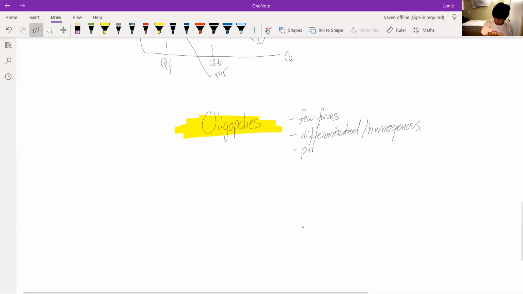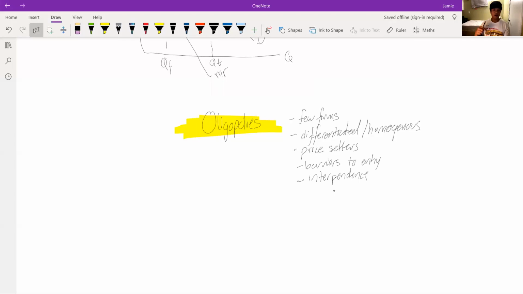They are price setters as well. Barriers to entry are very similar to a monopoly, but the main distinction between this and a monopoly is the sense of interdependence. What they do has an impact on the other firms there.